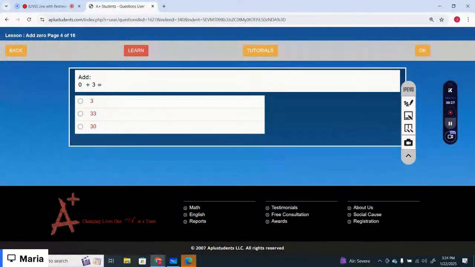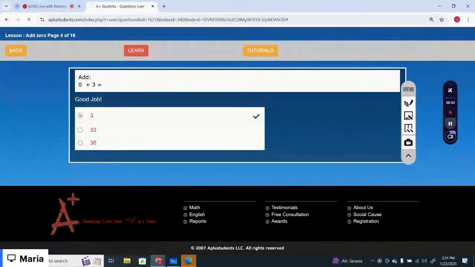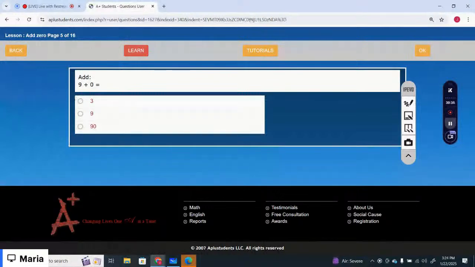Zero plus 3 equals 3. Option number 1 is the correct option. Nine plus 0 makes that is 9.